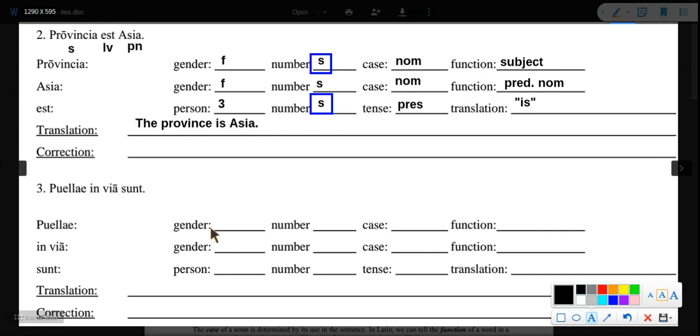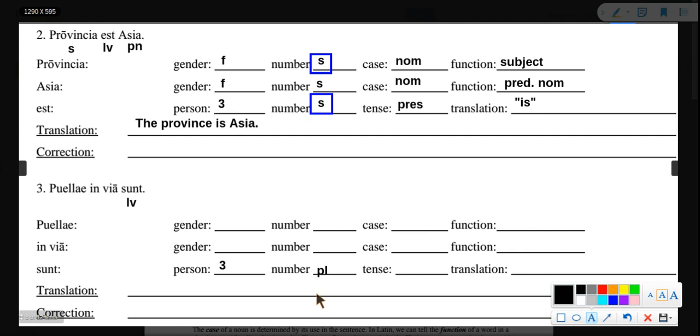Moving down to 3, first step is we identify our verb. Here we have sunt as our verb, and it's another linking verb. Identifying this a bit more thoroughly, sunt is third. It's plural, so your third plural form of sum esse will be sunt.